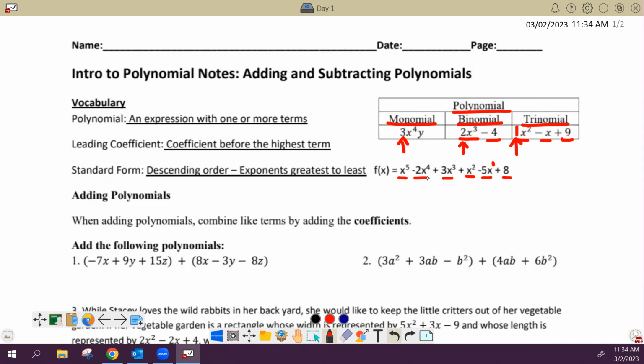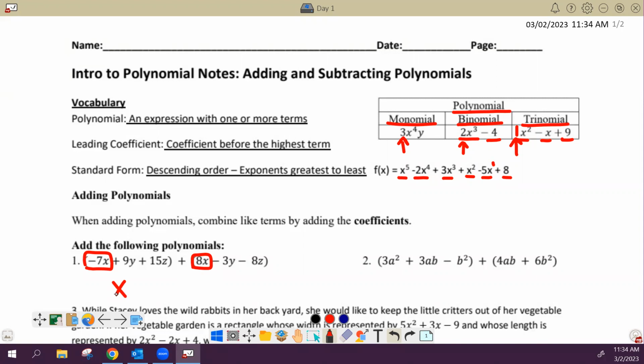So if we pretend like the parentheses don't exist, we just can combine all the like terms. And like terms have the same variable and the same exponent if there's exponents. So for example, in number 1, we can combine negative 7x with 8x because they both just have an x. So negative 7 plus 8 is 1. We can put 1x or we can just put 1, your choice.